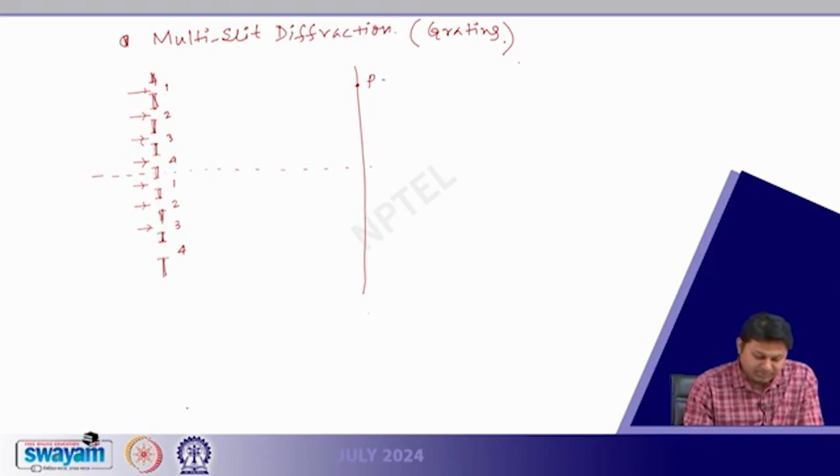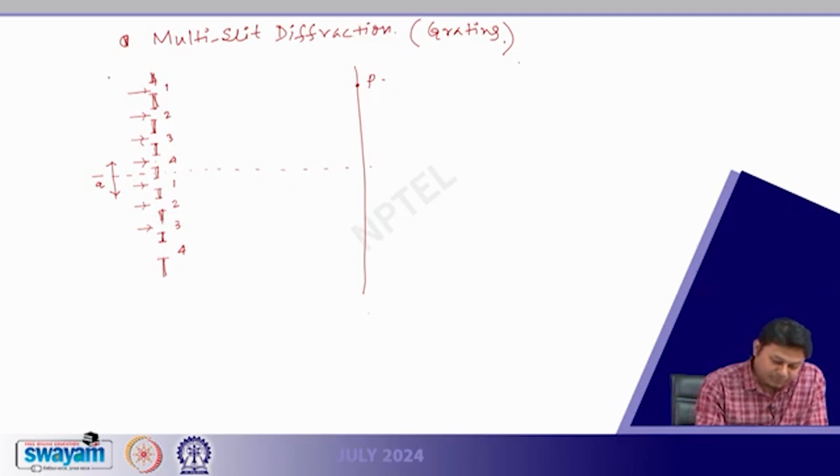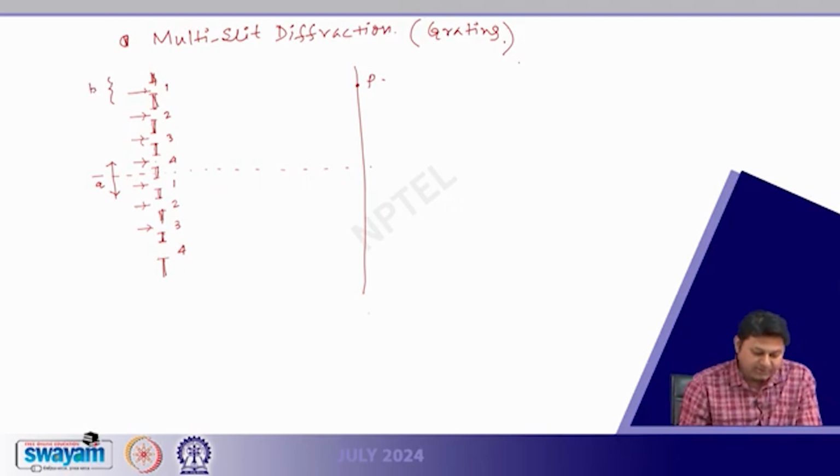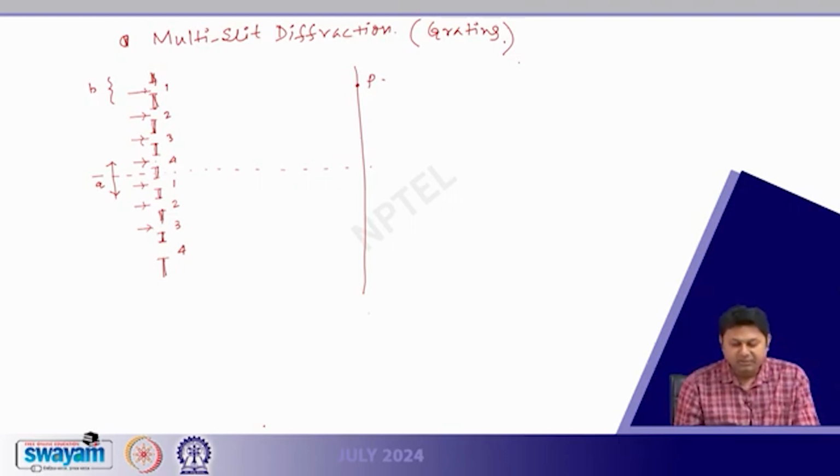Suppose this is my central point, and the separation between two consecutive slits is A, and the width of this is B, the usual definition. Then we need to find the coordinates of these points.